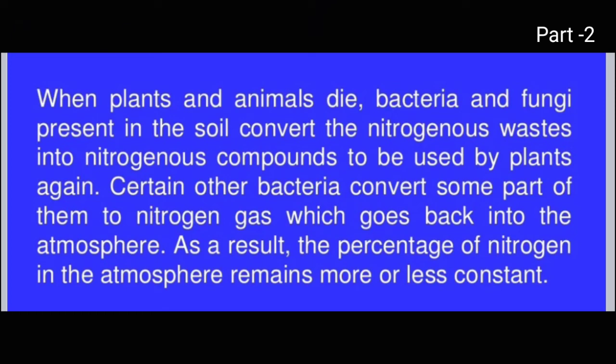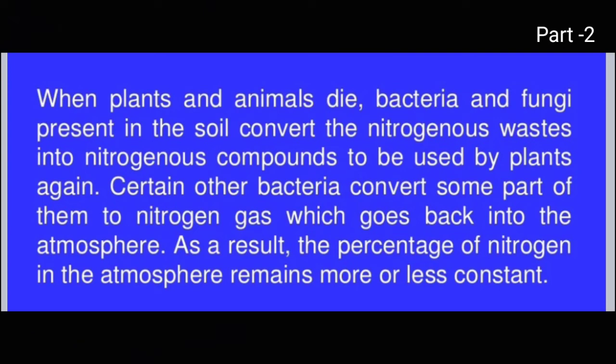So the percentage of nitrogen in the atmosphere remains more or less constant, because a certain amount of nitrogen is fixed and then converted back into compounds, and then again this cycle continues. In this way nitrogen is fixed, and this is called the nitrogen cycle.